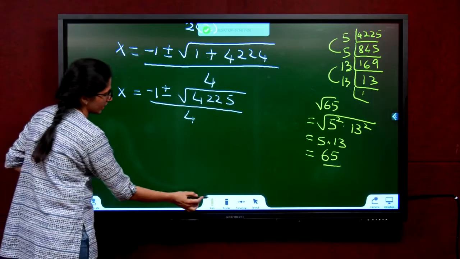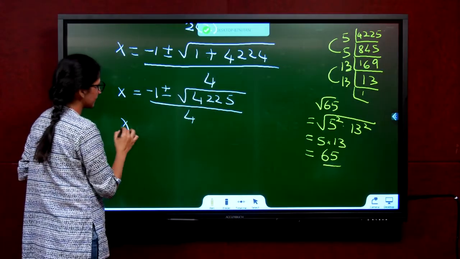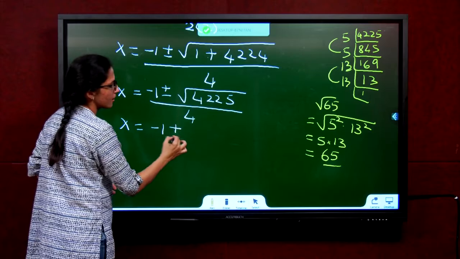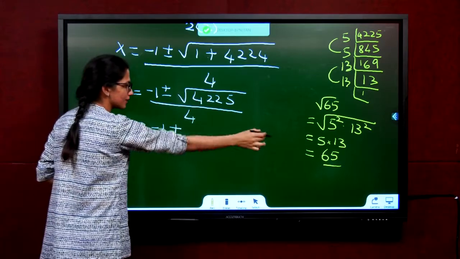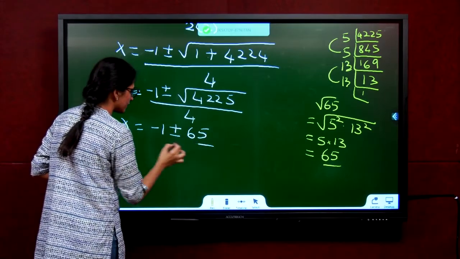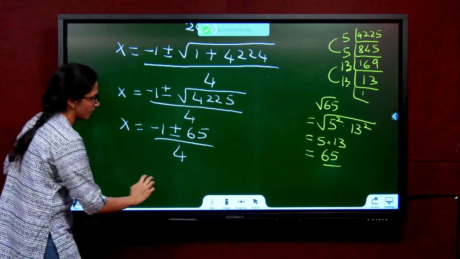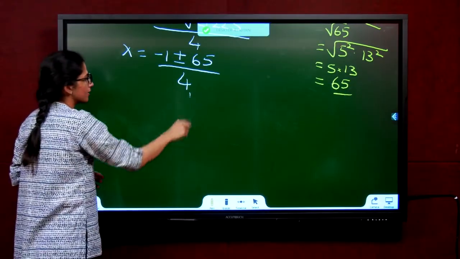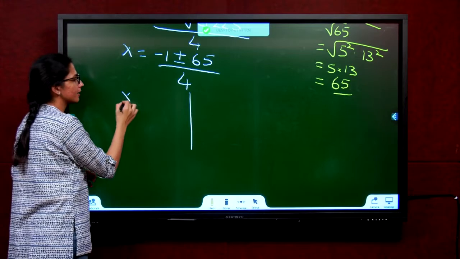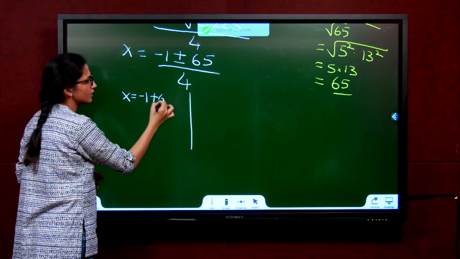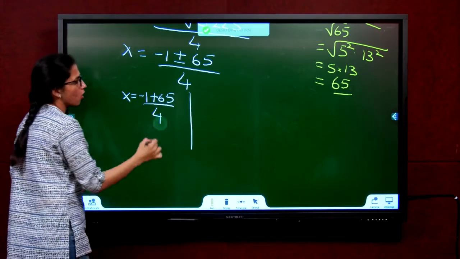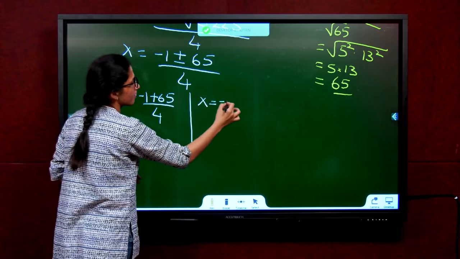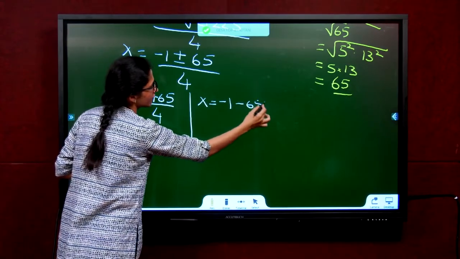Therefore, you can now write this as x is equal to minus 1 plus or minus 65 divided by 4. Now what do you do? You should take one sign at a time and divide it. So x can be minus 1 plus 65 by 4, or x can be minus 1 minus 65 by 4.